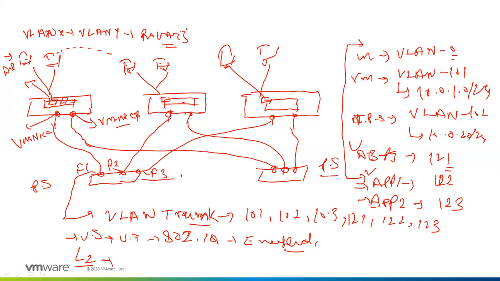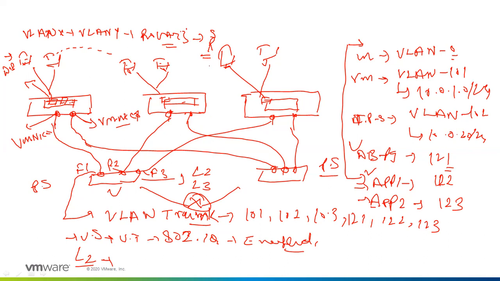If these switches support layer 2 and layer 3, then we can do the routing on these switches themselves. Or if these are only L2 switches, then somewhere a physical router is needed, and routing functions will be performed on the router. Why do we do routing?